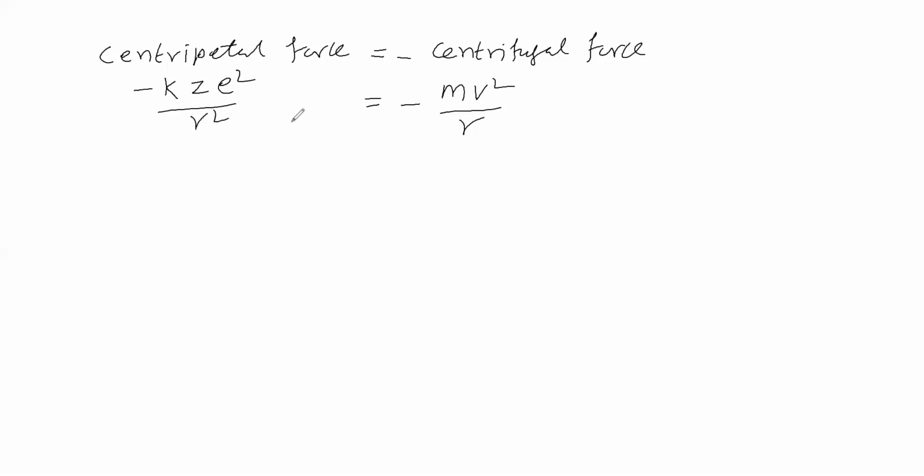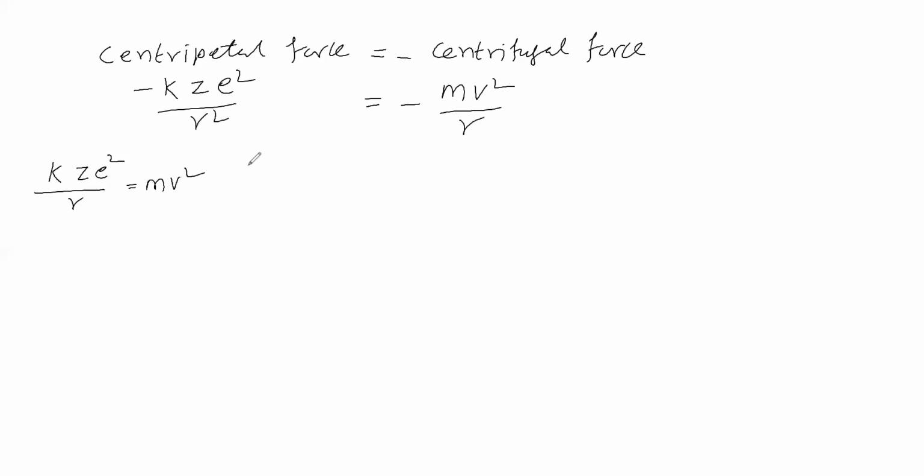Here, cancel one radius and cancel the minus also, and simplify it. So we are getting k z e square by r is equal to m v square.